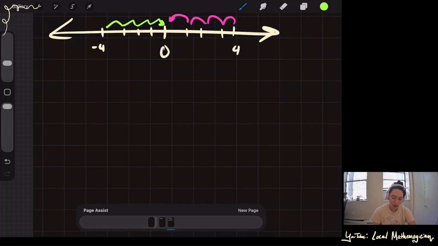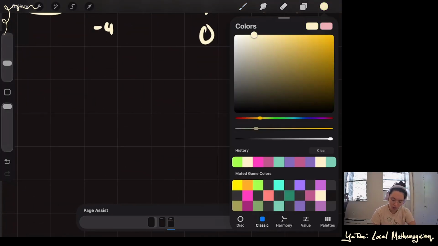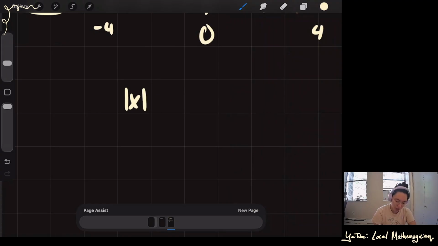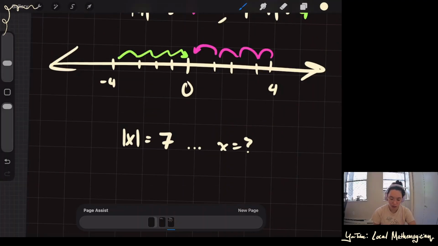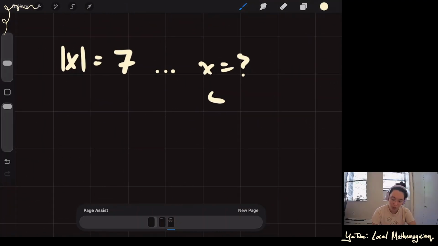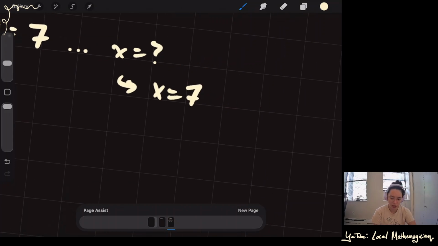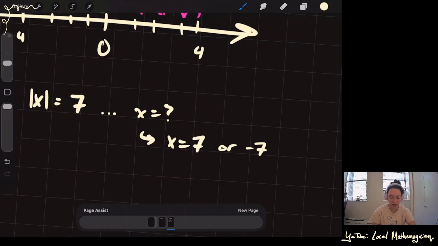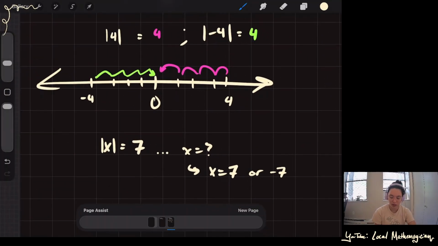Reasonable. And so when you have a question like, oh, the absolute value of x is equal to 7, what does x equal? Well, we know that x can be positive 7 for sure, or it can also equal -7, for the same reason.